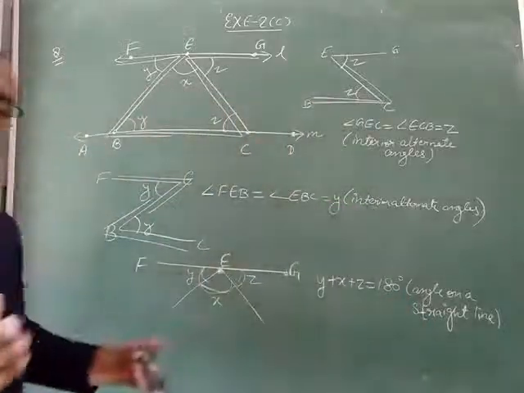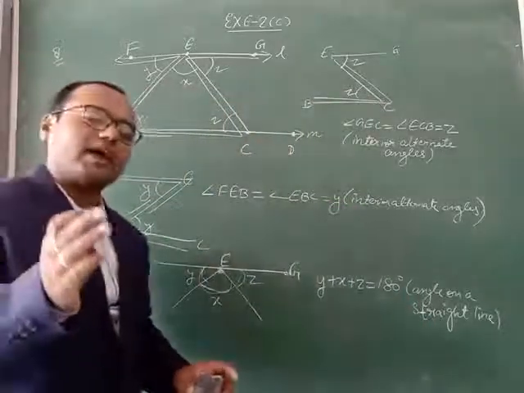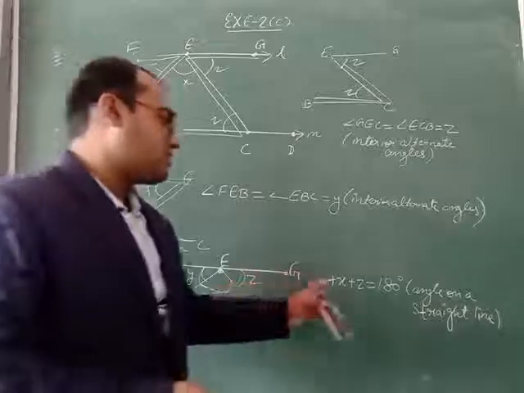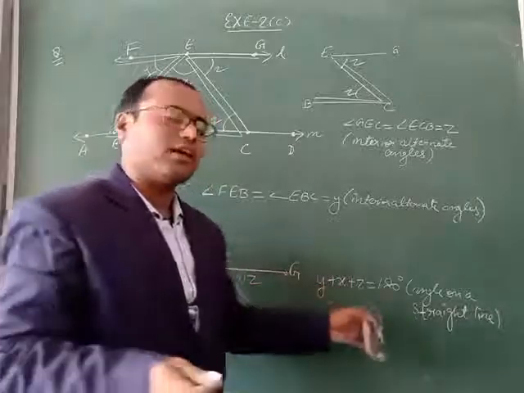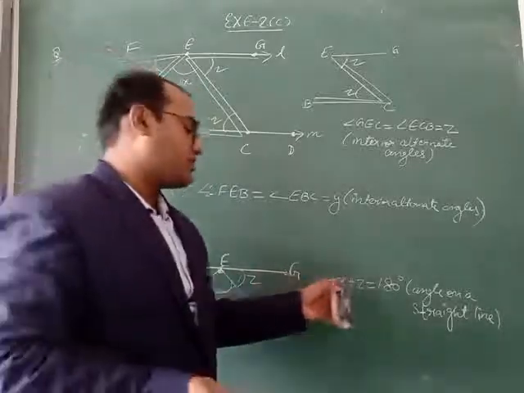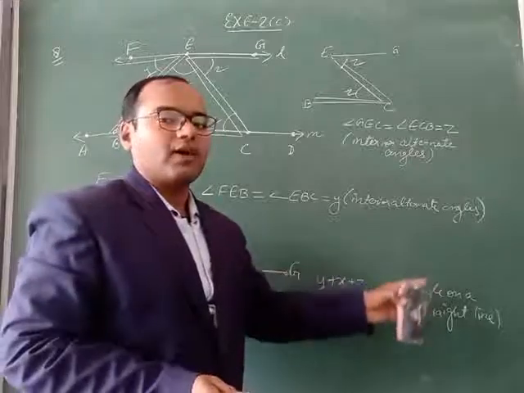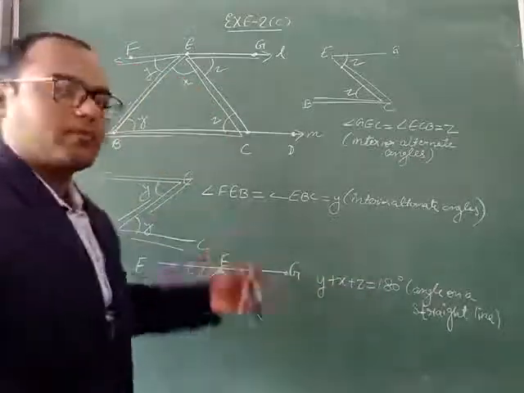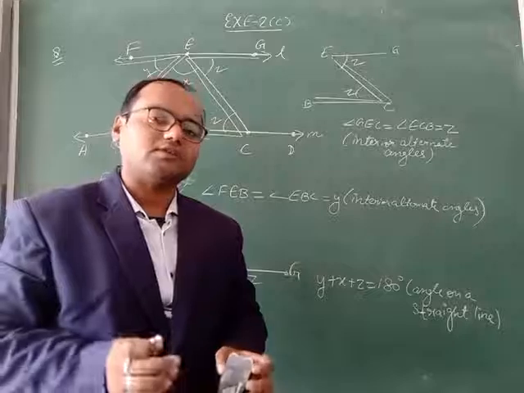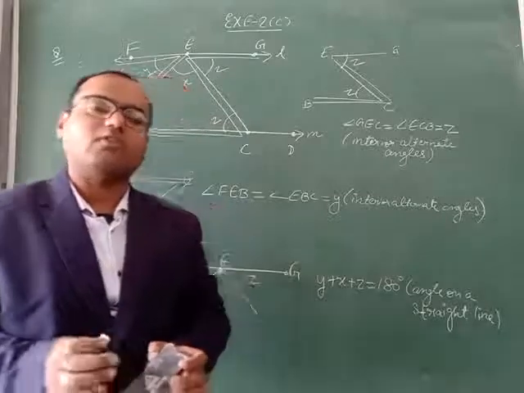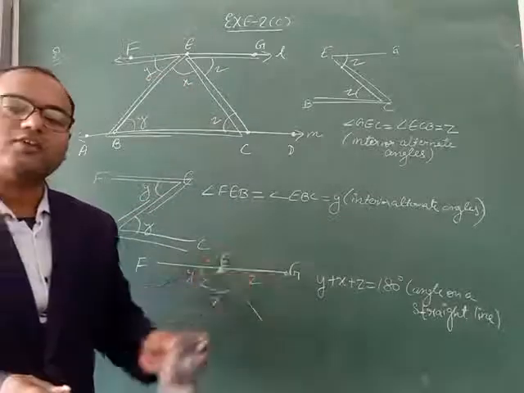So in the question it said you have to prove, you have to show that X plus Y plus Z is 180. So here we have shown X plus Y plus Z is equal to 180. So like this you have to do question number A. So now this exercise is over. Your homework is to finish this exercise in your fair notebook.